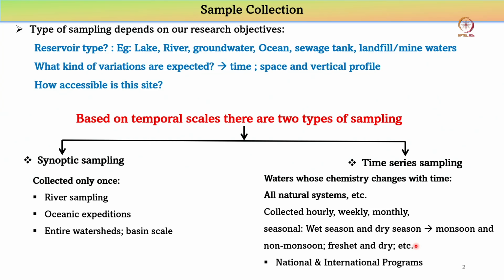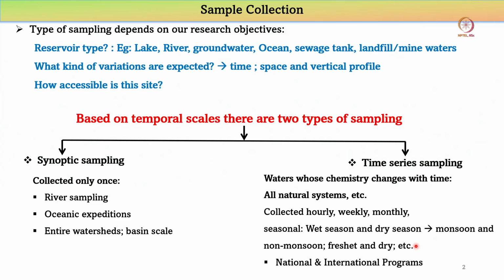If you have different questions, different types of studies are done, right? So depending on the type of research question, depending on your aquatic system, and depending on the logistics, the last important factor is the logistics. How you are going to access the site, how much manpower is available, how much financial support you have got. All this depends on how well you're going to do and complete the sampling, right?